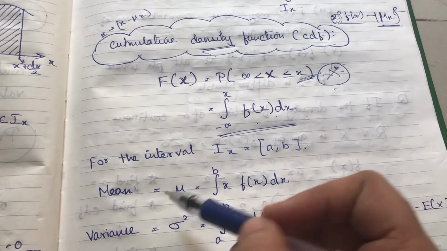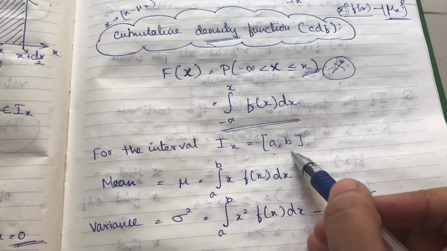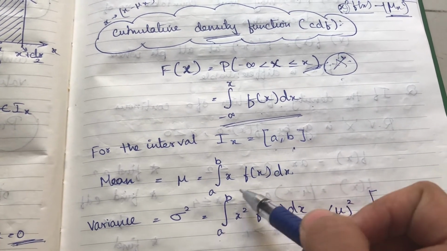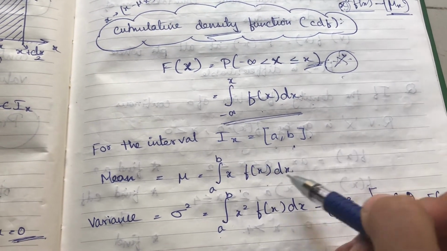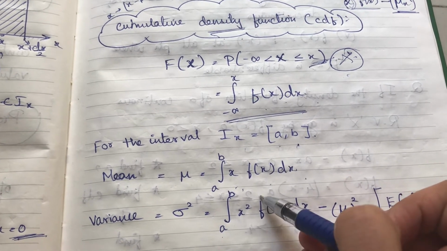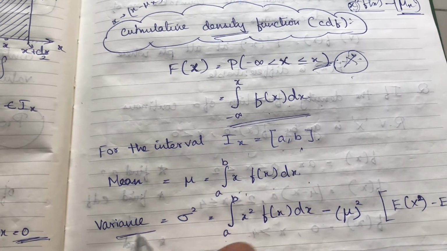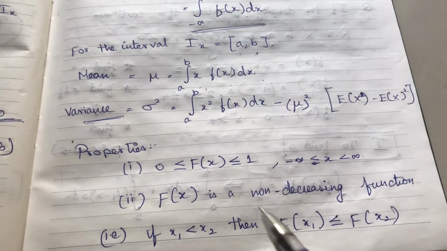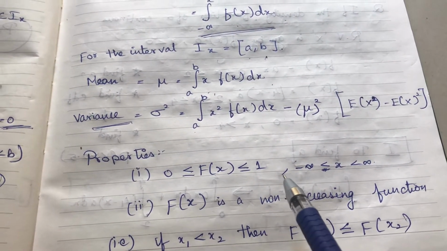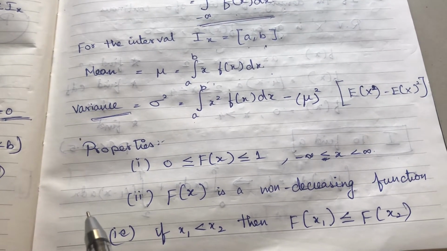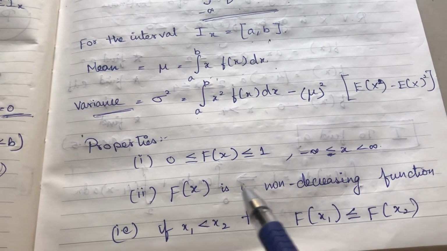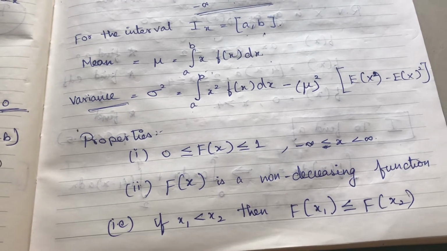This is the formula. For the interval a to b, the mean will be the integral from a to b of x into f of x dx. And x square into f of x minus mu x square is the variance. There is also a property: it lies between 0 and 1, and f of x is called a non-decreasing function.